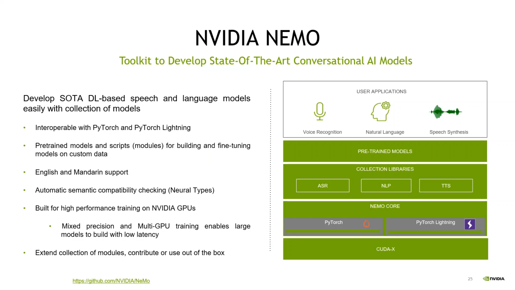One interesting feature is the neural type, allowing automatic checking of semantic compatibility between connected modules. NeMo is built on top of PyTorch and integrates PyTorch Lightning for easy calls to multi-GPU and multi-node training. It is highly optimized for training with NVIDIA GPUs using automatic mixed precision and distributed training. With NeMo, we can train and fine-tune models for ASR, NLU, and text-to-speech.